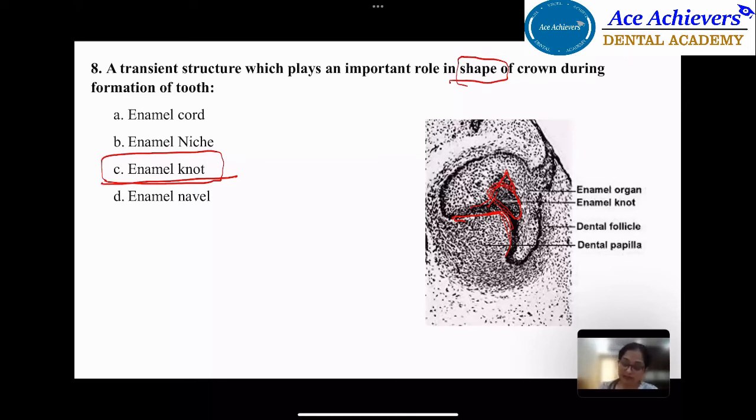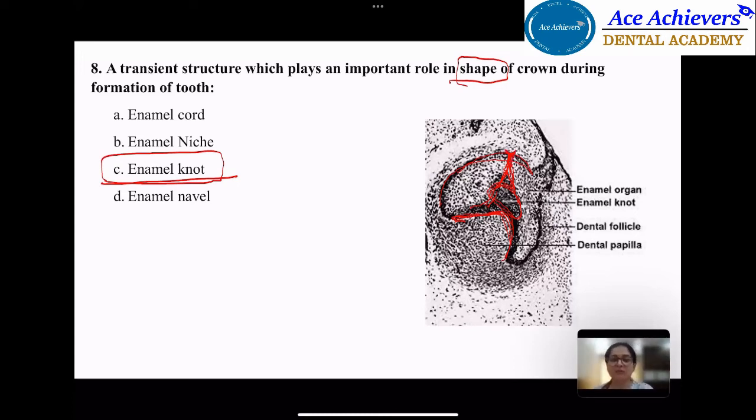And when this enamel cord moves further and touches the outer enamel epithelium, this is your inner enamel epithelium and this outside is your outer enamel epithelial layer, it is known as the enamel septum. And when it touches the outer enamel epithelium, it forms a depression. The outer enamel epithelium will show a depression which is known as the enamel navel.